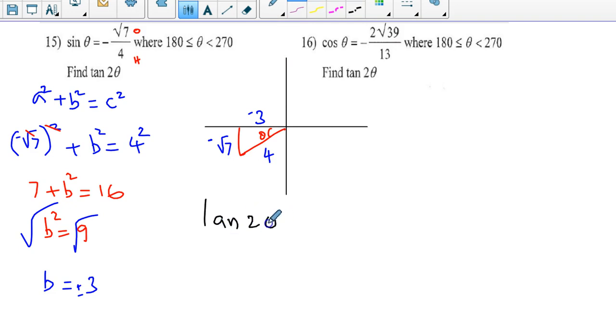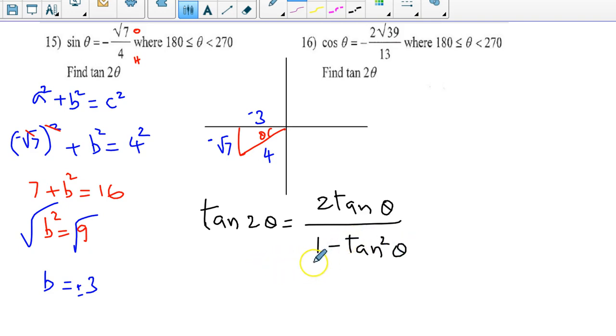Tangent 2 theta, it's a double angle, is equal to 2 tan theta over 1 minus tan square theta, right? That's the formula we have for these double angles.